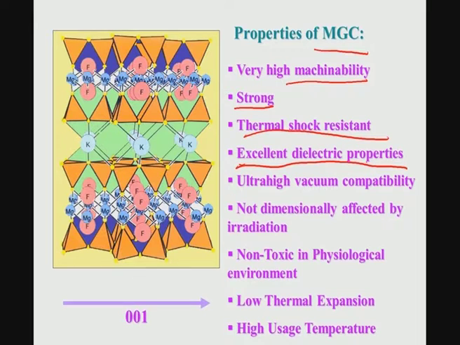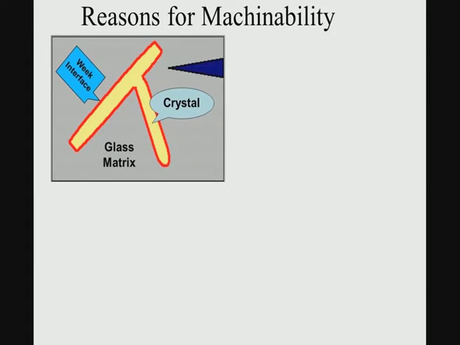As I said, it has a very characteristic crystal morphology, a network of potassium, fluorine and magnesium ions present in a particular tetrahedral arrangement, as well as very characteristic crystal morphological features when these crystals are viewed along the 001 direction.